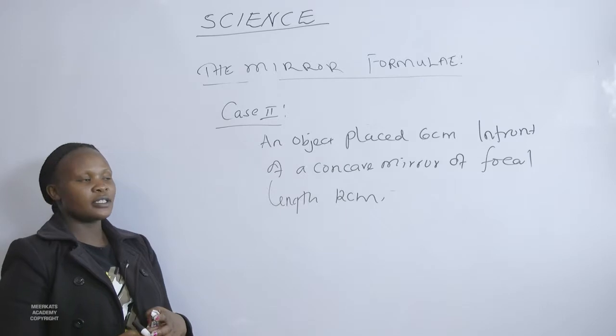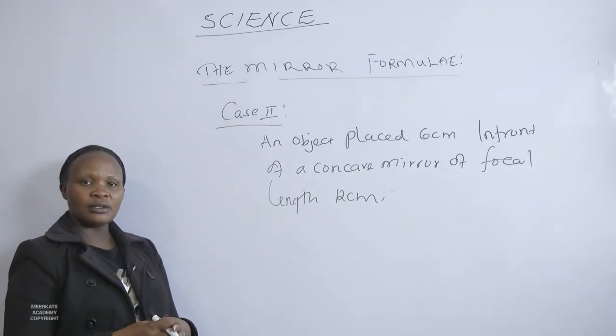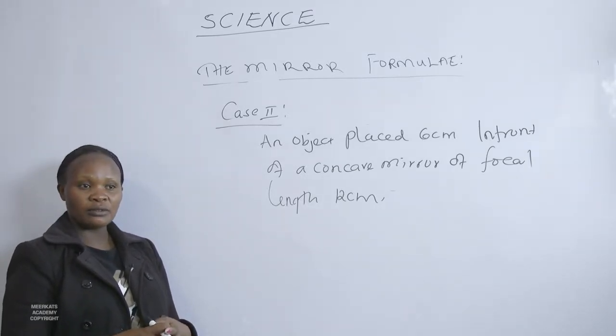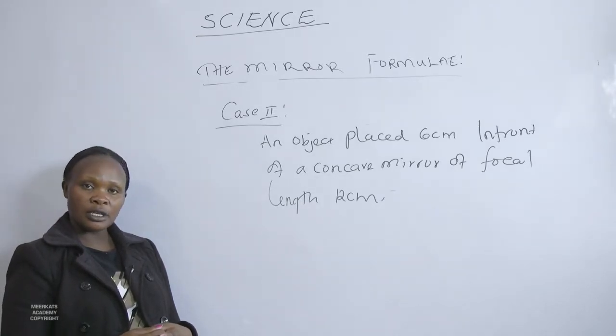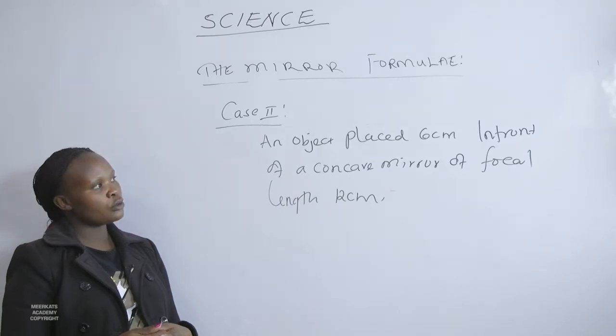That is our second case. We have now the focal length being 12, but this time the object distance has now changed from 18 centimeters to 6 centimeters.